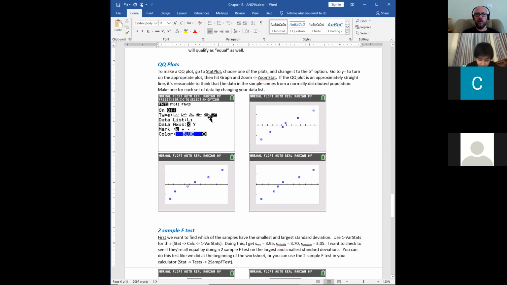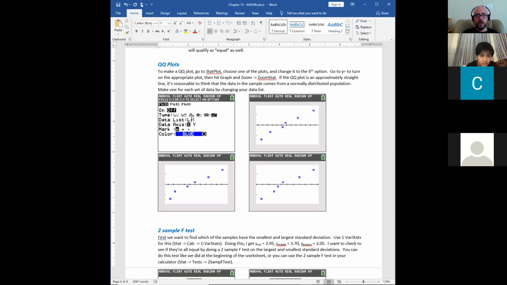So pick whichever plot you want. I did plot 1. You don't have to. You can use plot 3 or whatever if you want to. I usually leave plot 3 as a QQ plot in my calculator, just so I don't have to reset it every time, because I don't use plot 3 all that much. And I use plot 1 for scatter plots.